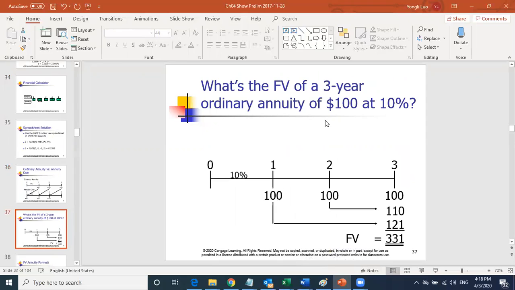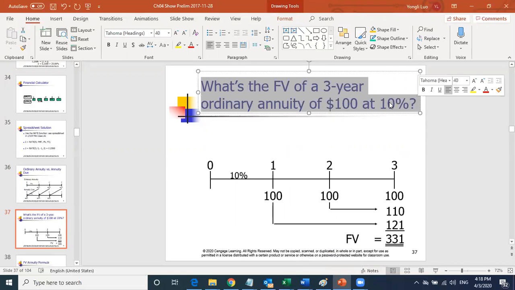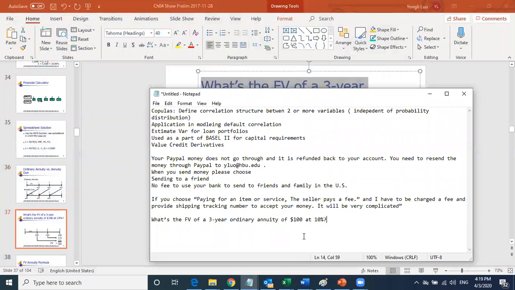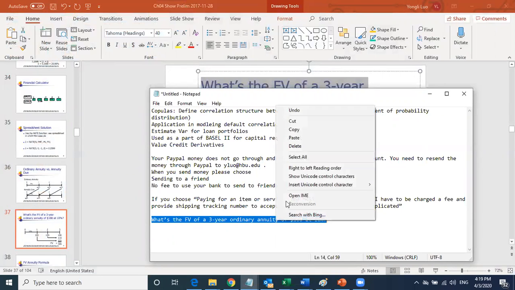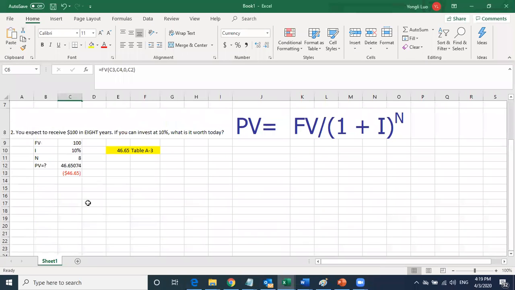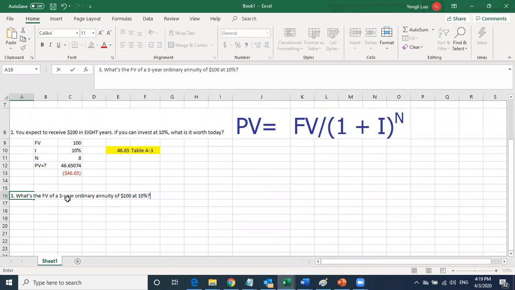Let's see, what is the future value of a 3-year ordinary annuity of $100 at 10%? How do you solve this question?